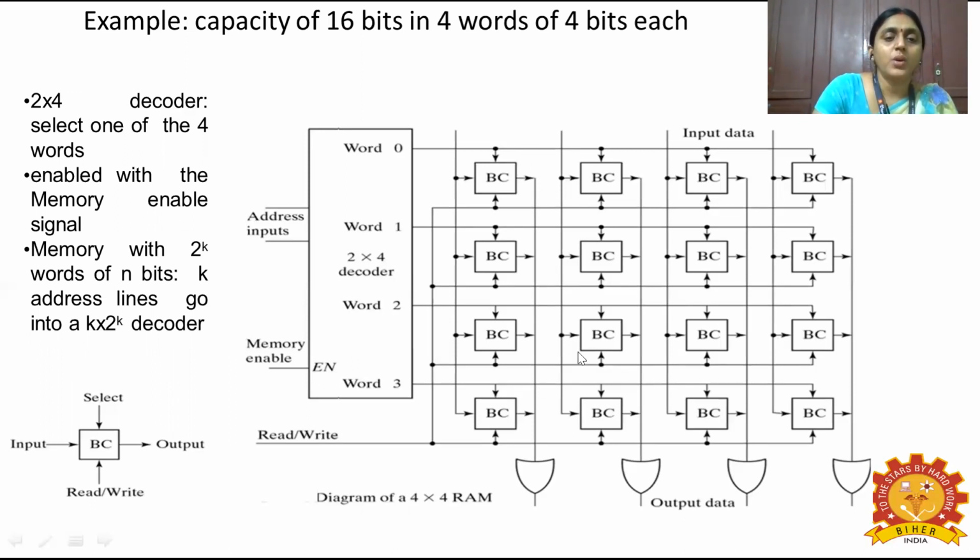In this diagram we can see the 2 by 4 decoder, with the 2 inputs and the 4 outputs in word form. So in this diagram a 4 by 4 RAM is involved, which shows the output data, which is the output of the 4 OR gates.